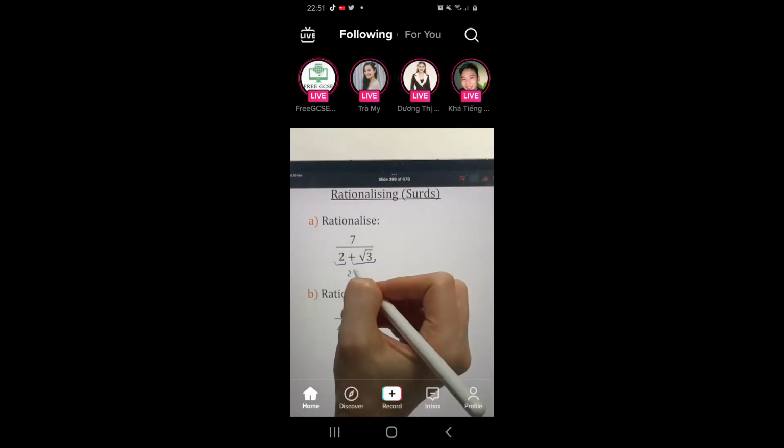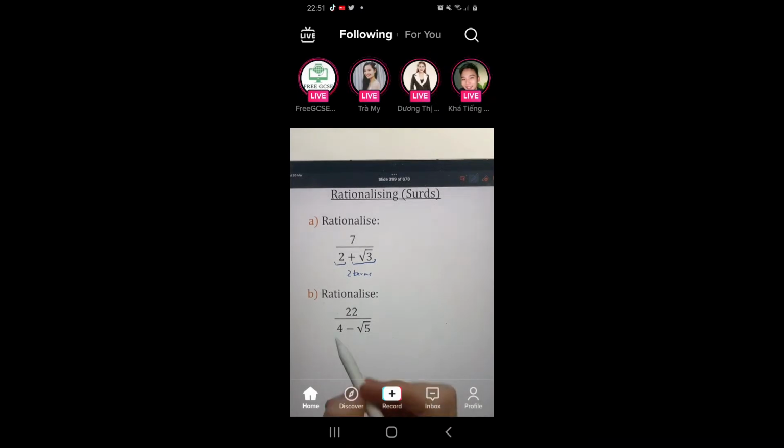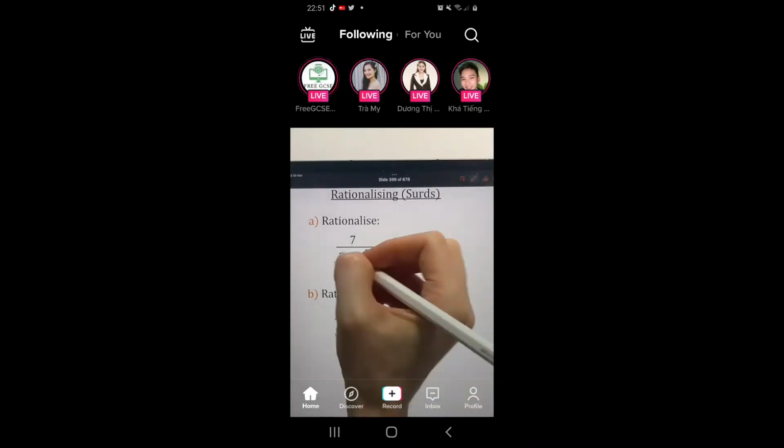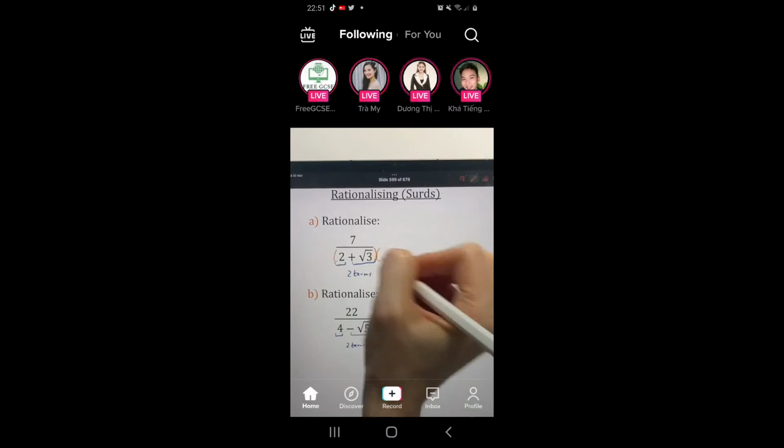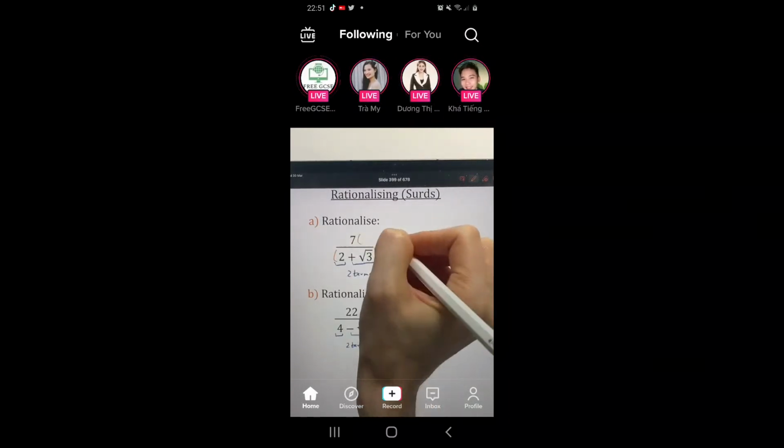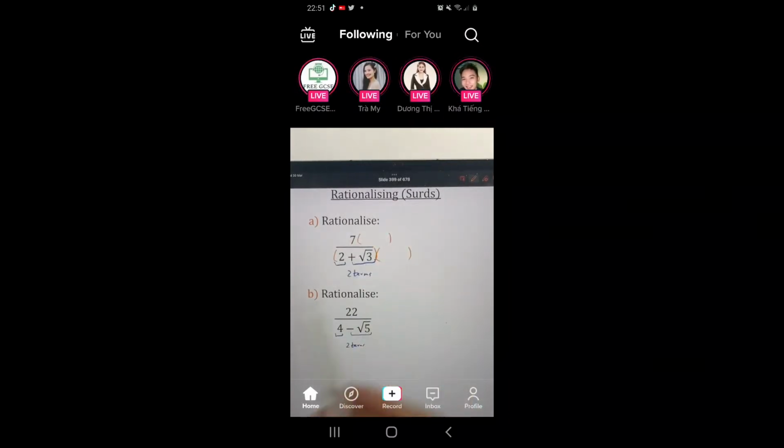If you see a 2 term, if there's 2 terms, we do a slightly different process. Again, if you see a plus and a minus, that's one term. If we see 2 terms on the bottom, what we do is we place it into single brackets and we times the top and the bottom by the same two terms from the bottom, but we must change that sign.